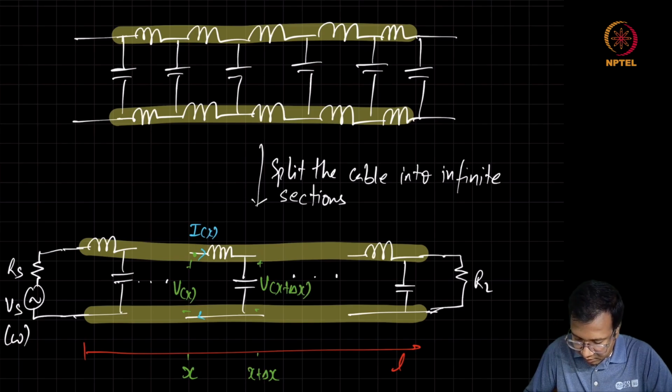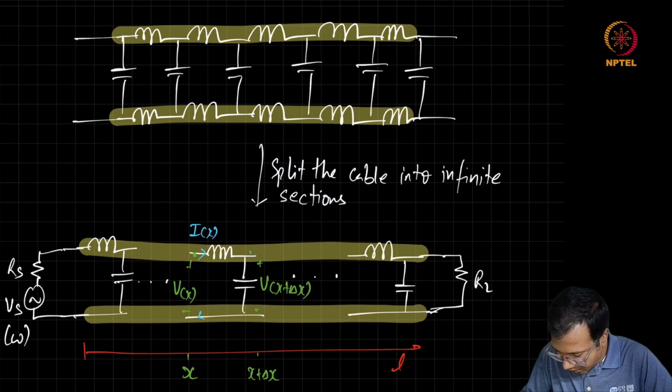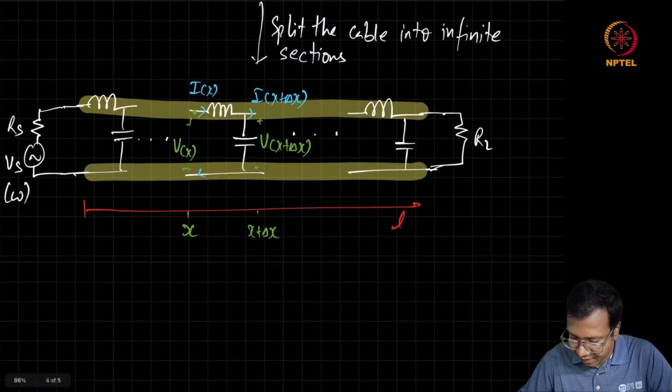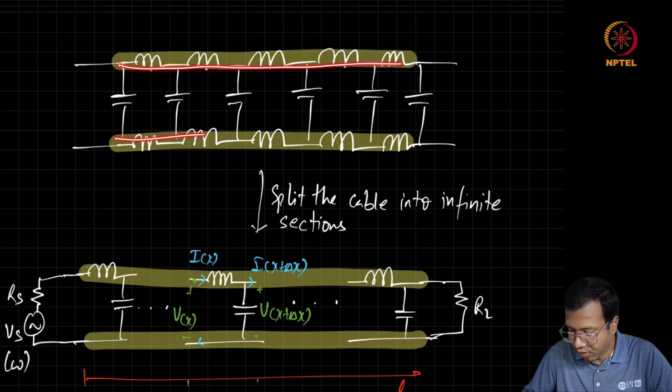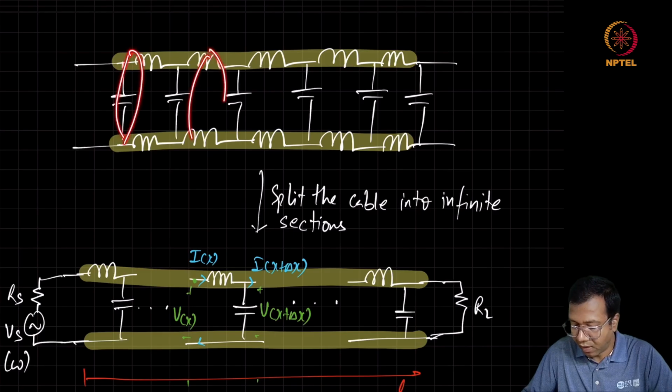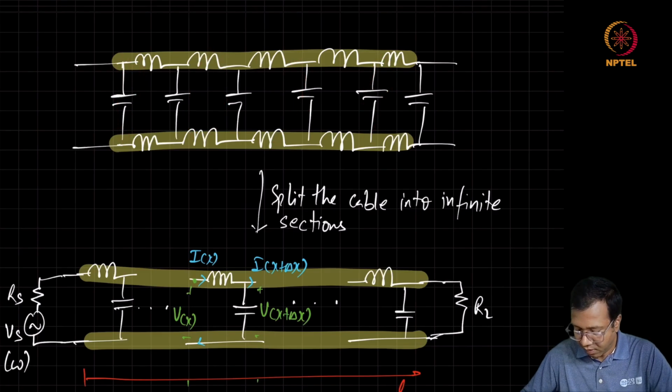Similarly, these currents are also going to be I of x and I of x plus delta x. And for these inductors and capacitors, we are assuming that this is a uniform cable, in the sense that any section you take along the length of the cable, they're all going to be identical.